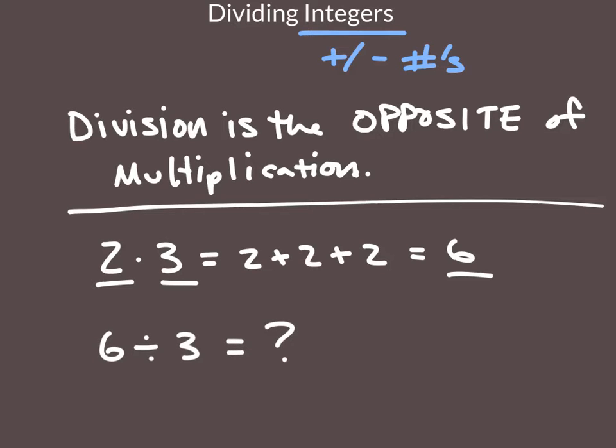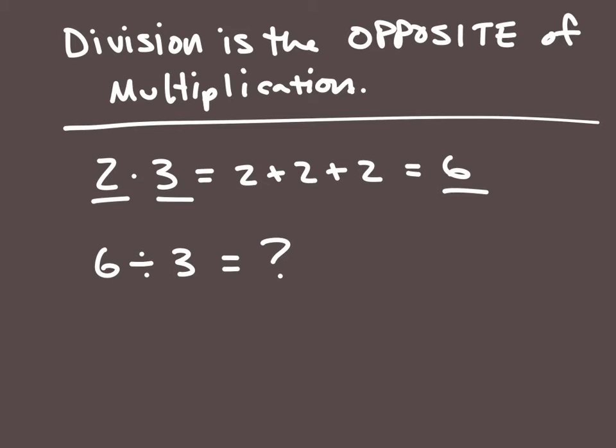I'm trying to figure out 3 times what number gives me 6. If you take a division question and redo it as a multiplication question, then it starts to make a little bit of sense, because 3 times 2 gives me 6. So now I know that 6 divided by 3 is simply going to be 2.